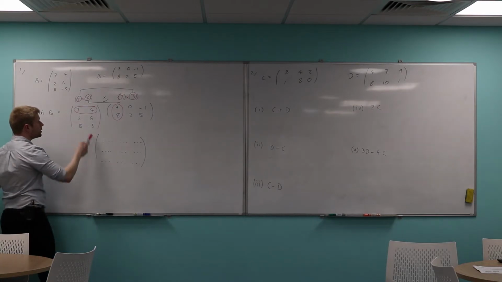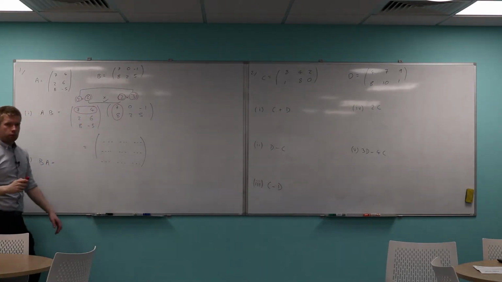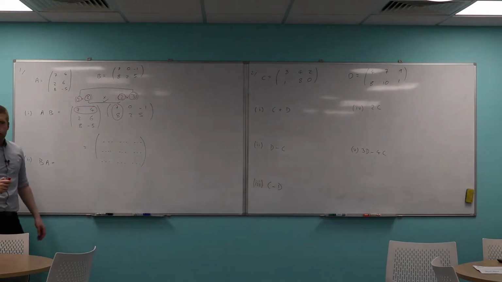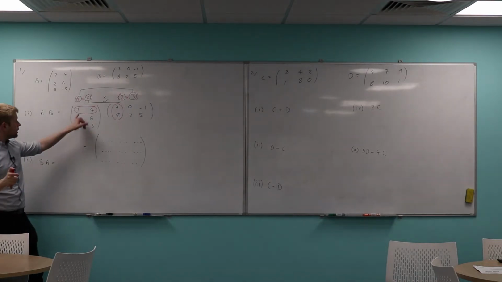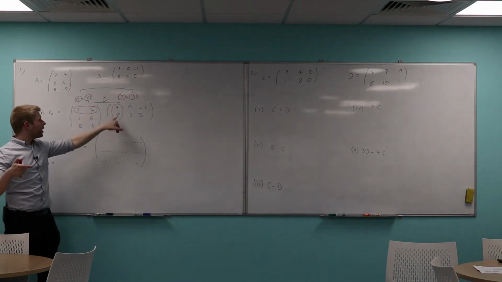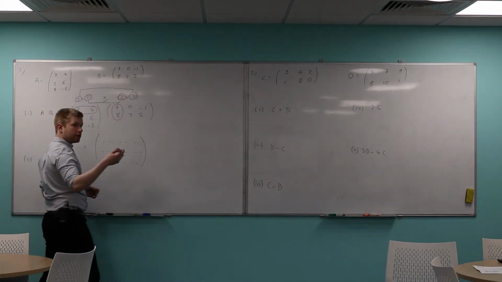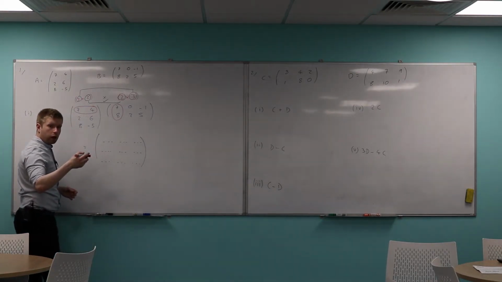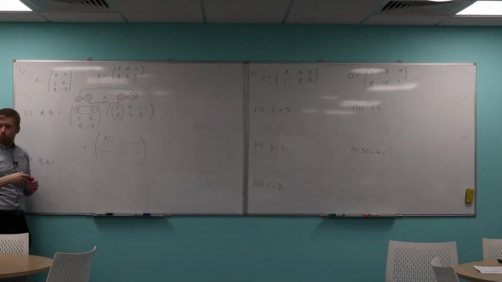So what's 7 times 7, add 4 times 8? Not quite. 7 times 7 is 49. Add 4 times 8, which is 32. So it's going to be 81. You happy with that?